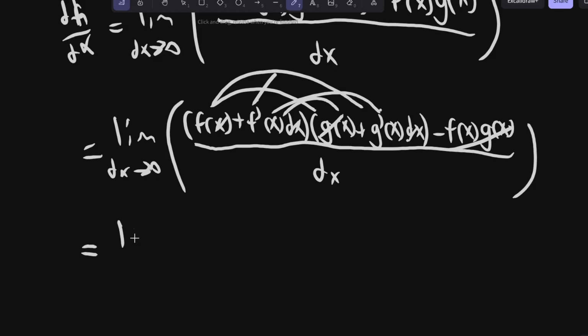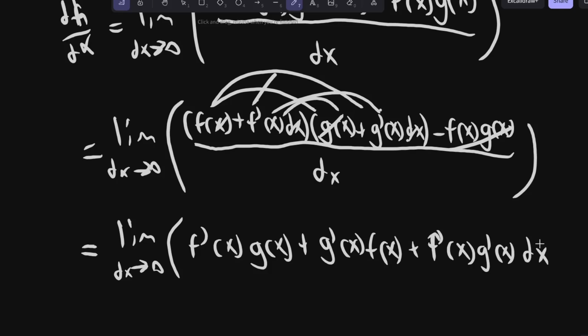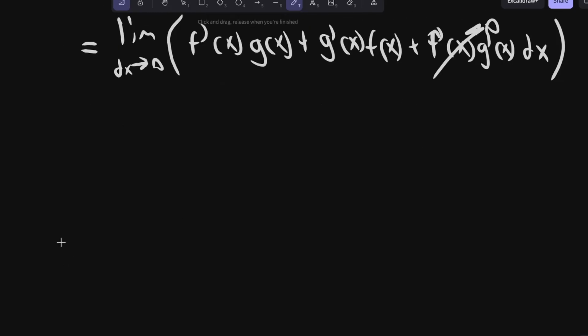So the whole thing, skipping through the tedious algebra, is going to be f prime of x, g of x, plus g prime of x, f of x, plus f prime of x, g prime of x, dx. Right? And I take the limit. Once I take the limit, this goes to 0, and I'm left with the following rule.